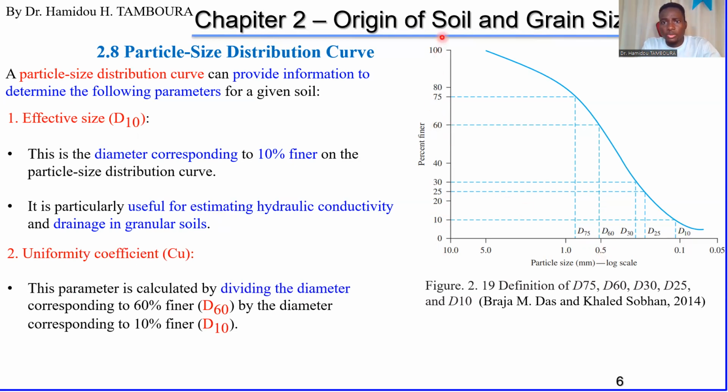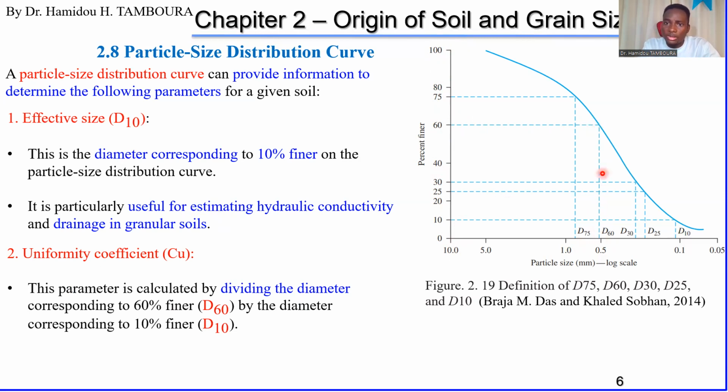It's very simple. You see this y-axis is the percentage. You come on this axis and find 60%, where 100% is the max. You make a projection on the curve and go down, and you will get the corresponding diameter.